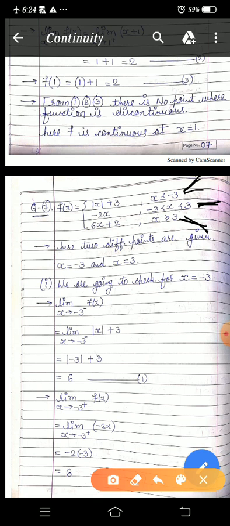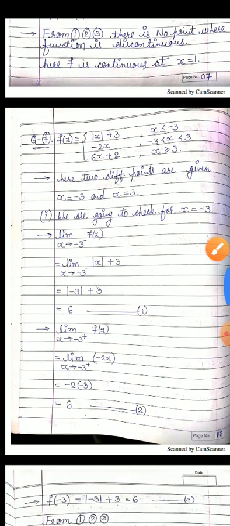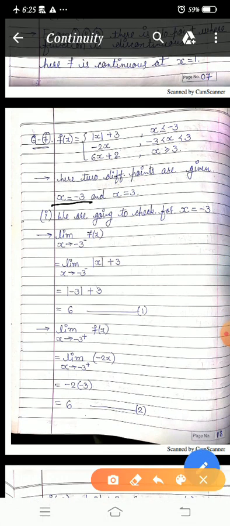So if we see clearly, two different points are given. One point is x equals minus 3 and another point is x equals plus 3. So we are going to find out for both points separately. Suppose we first find out for x equals minus 3.